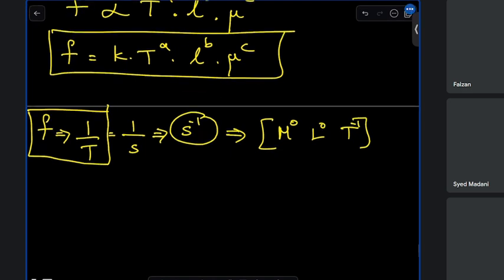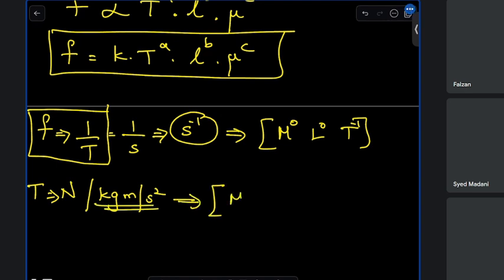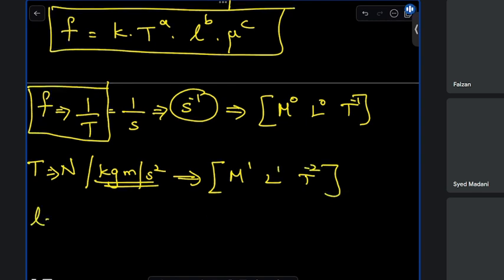Next is tension. Tension is Newton, which is kg meter per second square. For this you write the dimensions: M1 L1 T minus 2. Next is length. Length is always meters, so M0 L1 T0. Next is mu.